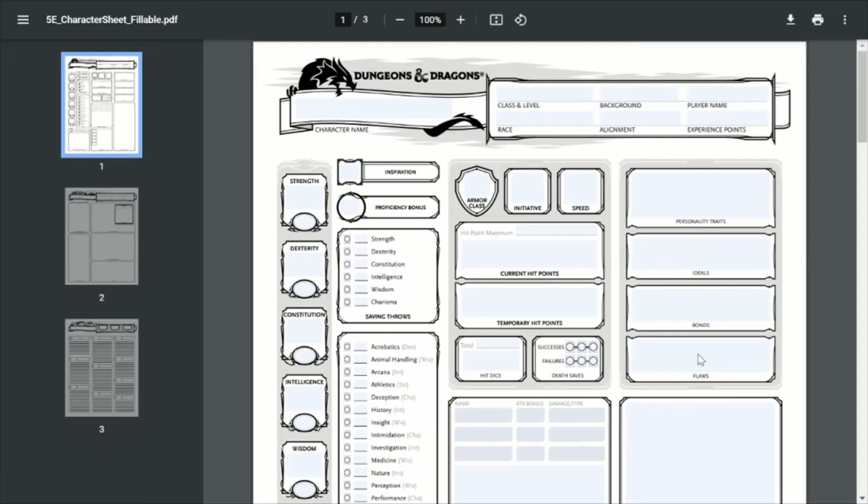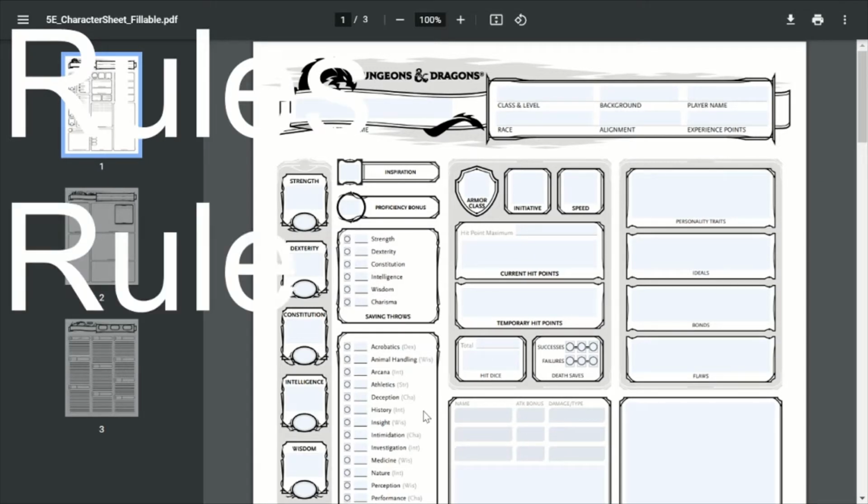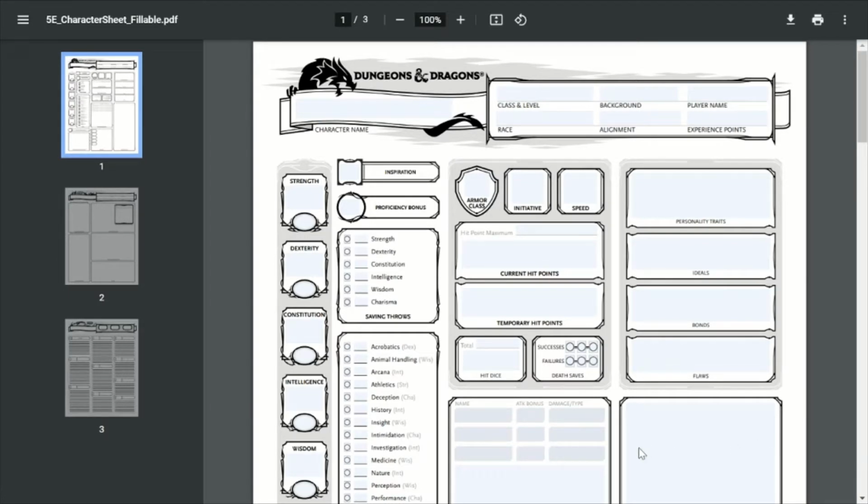I'm going to set a couple rules for this challenge. I was going to add text boxes, but I'm just going to explain it. Rule 1 is that I'm trying to do this in the least amount of levels possible.